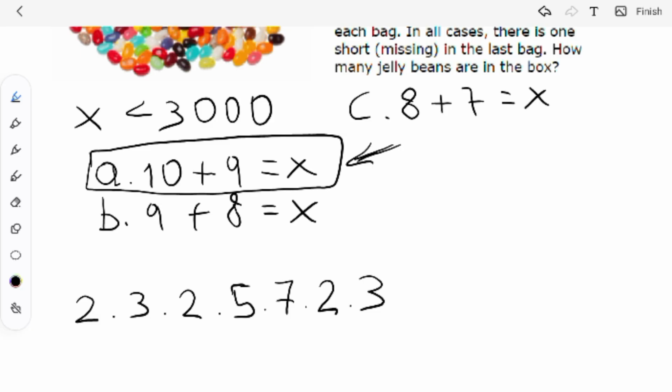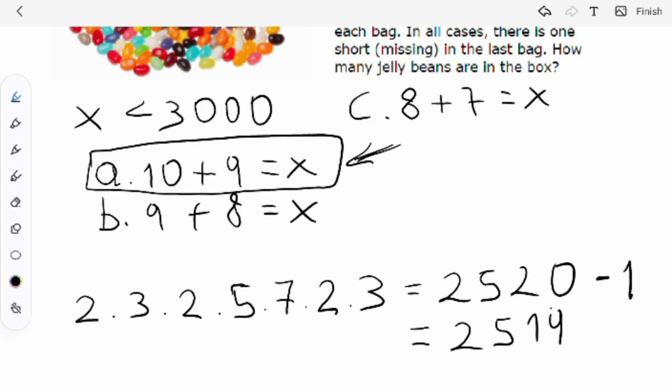This product is equal to 2,520, which doesn't have 9 as its unit digit. 0 is the last digit of this number. So to obtain it, we just have to subtract 1 from this and get the answer 2,519.